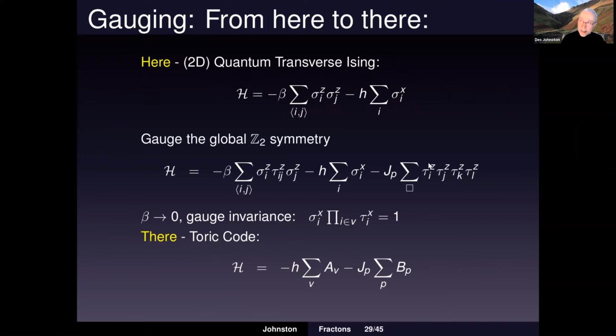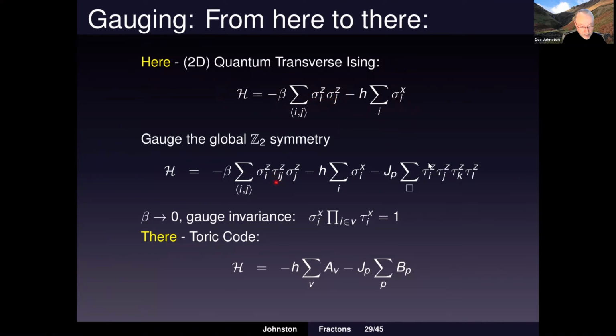But I can tidy that up by introducing another set of spins. So I can gauge my symmetry, and I can turn my global symmetry into a local symmetry, turn this into a gauge theory. So I can gauge the global symmetry of the 2D quantum Ising model by inserting a spin between my 2 original spins. And if I take a product of these guys, nearest neighbors around the plaquette, it would be 1 here.